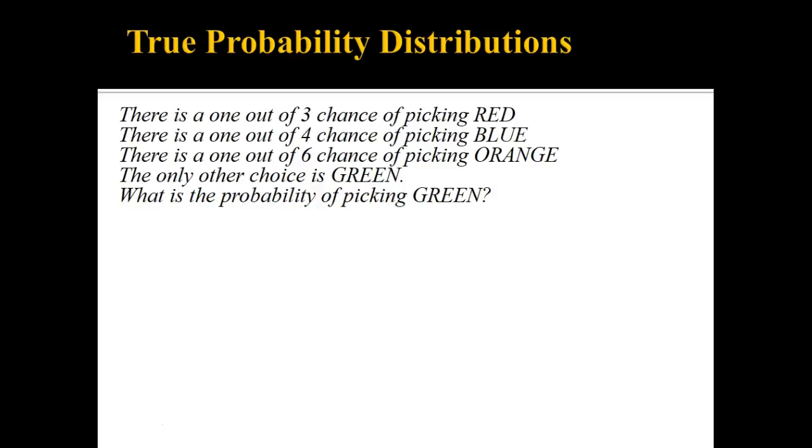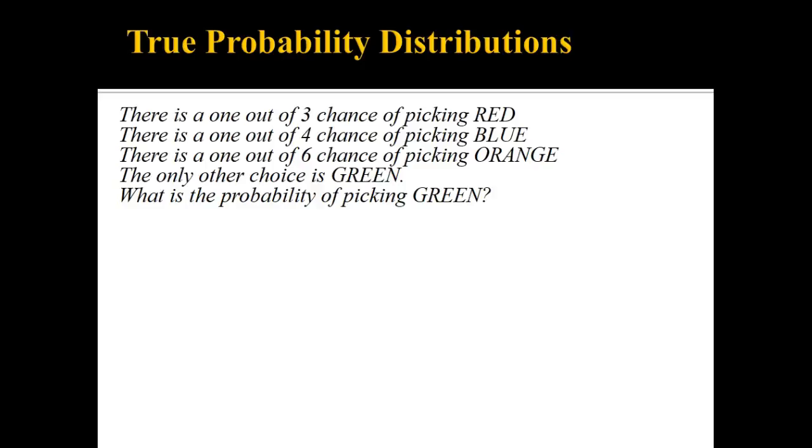Okay, slide number 6, true probability distributions. In this slide we want to go through a little exercise to reinforce a couple of things that are true about probability distributions.